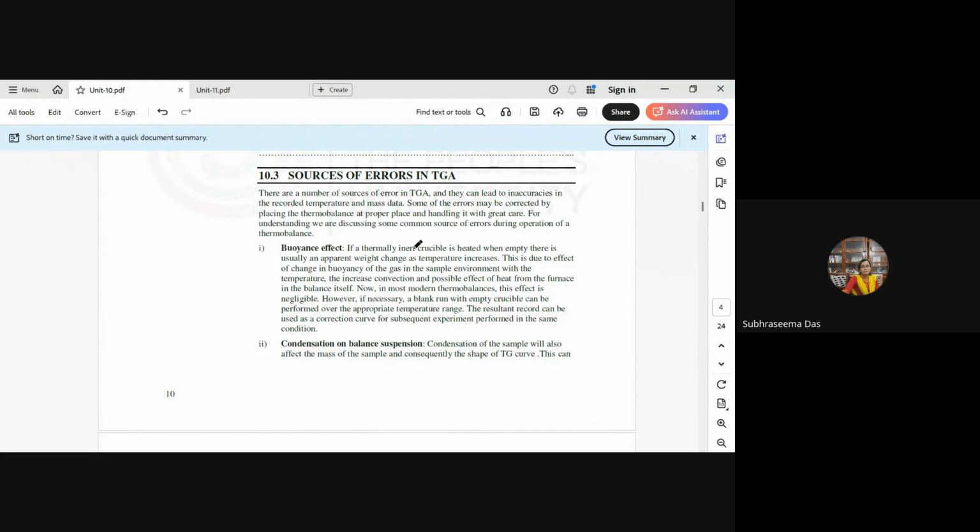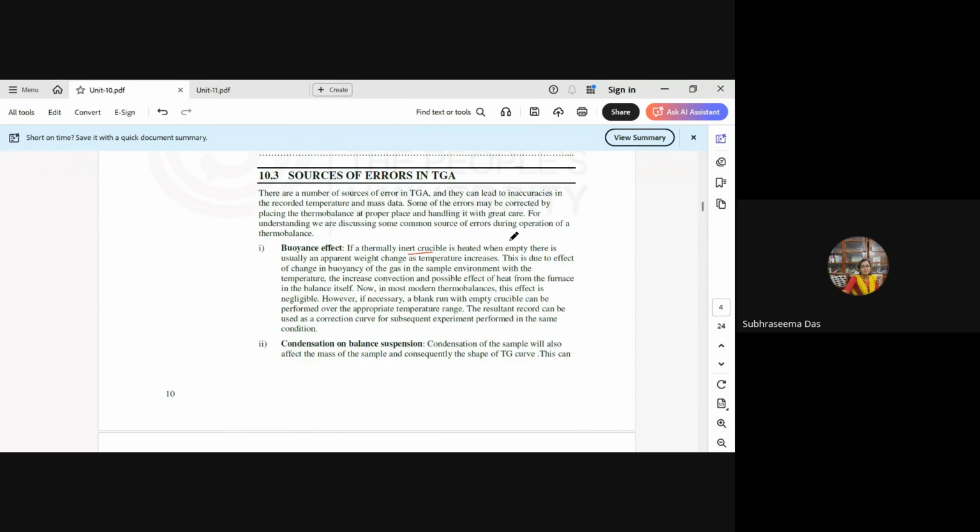Some of the common errors that arise while working with TG: first is the buoyancy effect. So what is this buoyancy effect? When we take our sample in TG, we take aluminium pans and weigh a very small amount of sample, and then the TG experiment is measured. We know that the TG scanning can range from room temperature to 1000 or 2000 degrees centigrade.